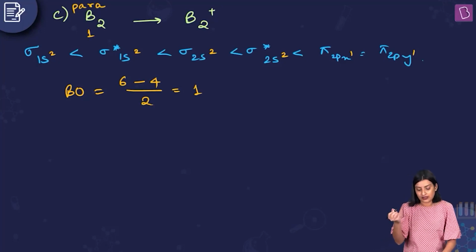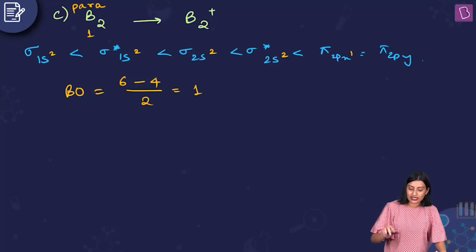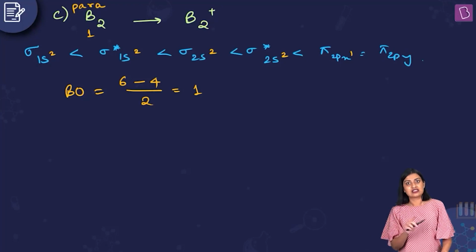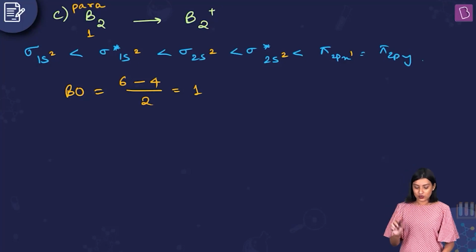What about B2+? In case of B2+, you can kick one electron out from either pi 2px or pi 2py. Since they are degenerate orbitals, it does not matter, but only one, not both. So now you have 5 minus 4 by 2, which is 1 by 2, 0.5.